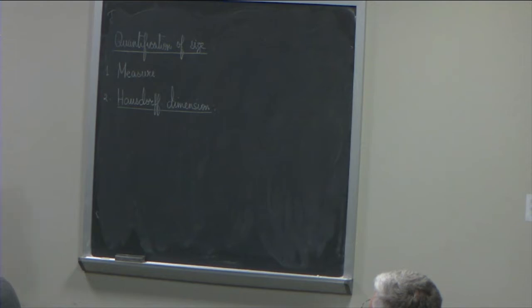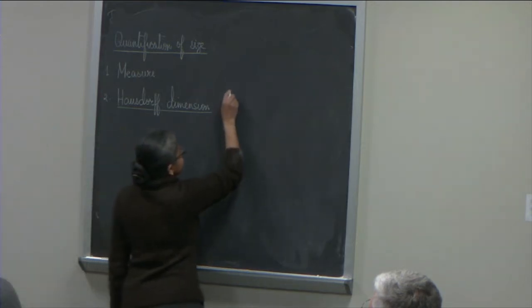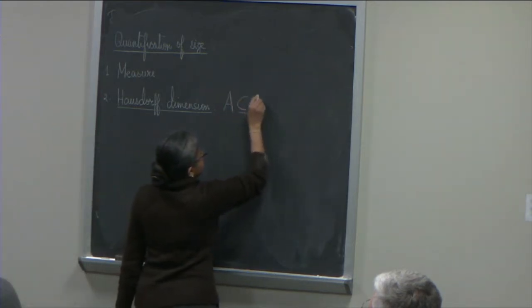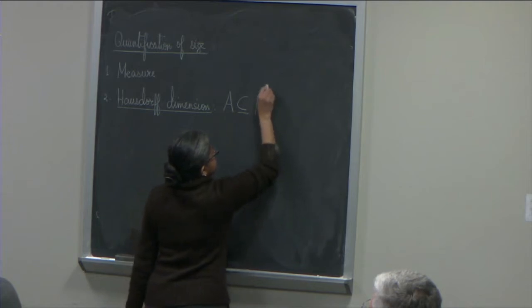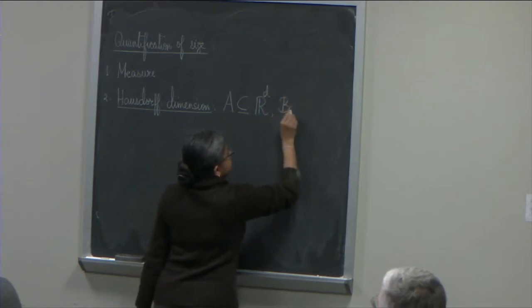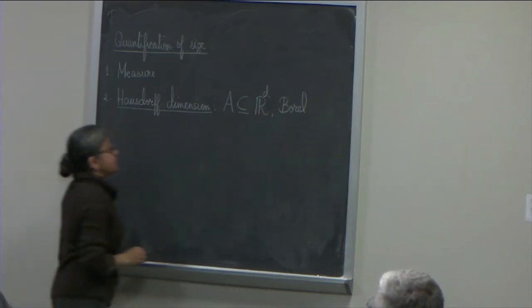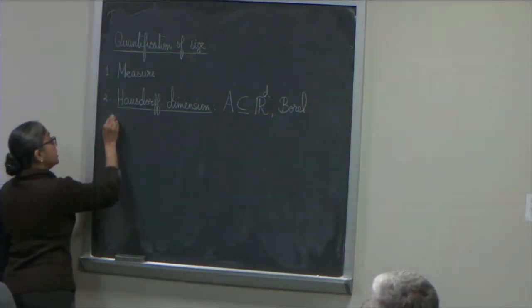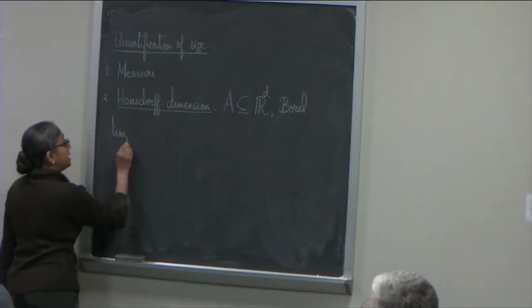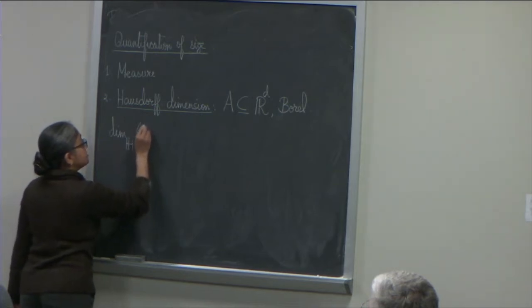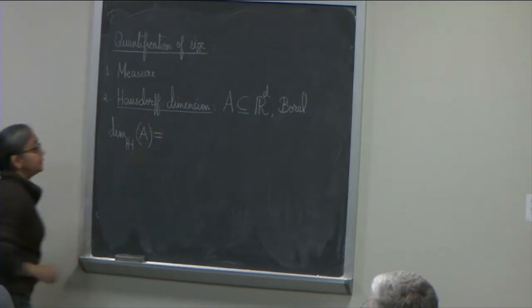So what exactly does this do? Suppose you have a set A sitting inside D-dimensional space, and to keep things simple, let's just assume everything inside is Borel. So one of many equivalent definitions of the Hausdorff dimension is the following.